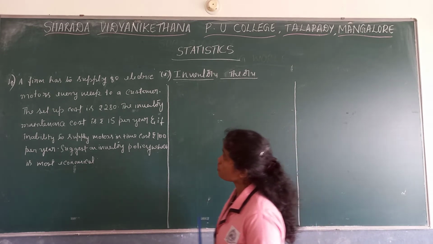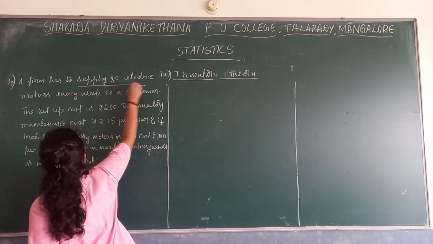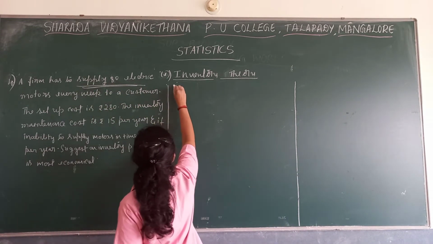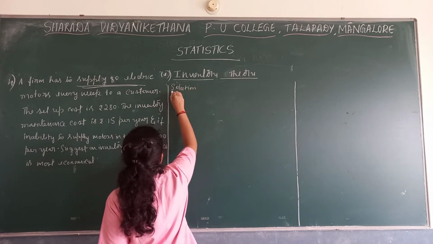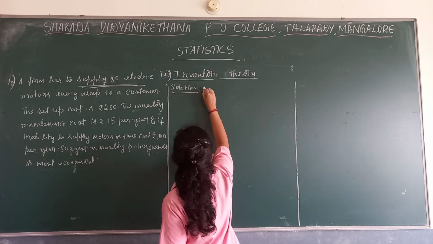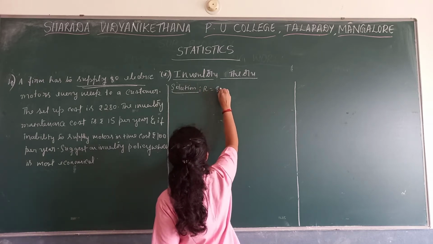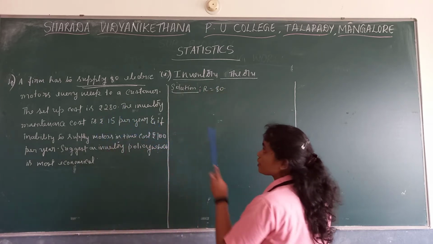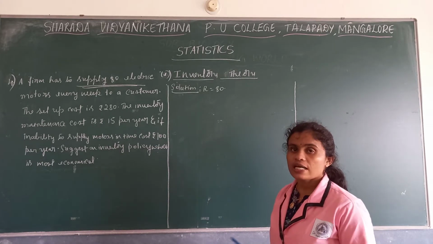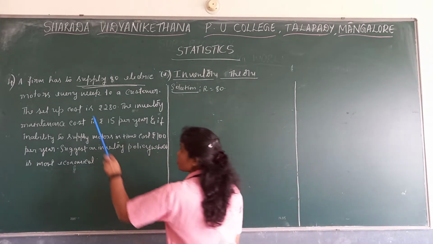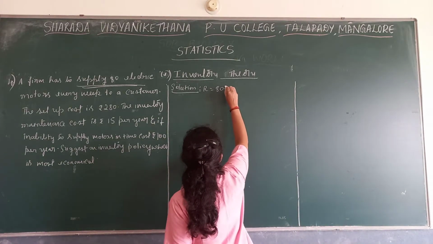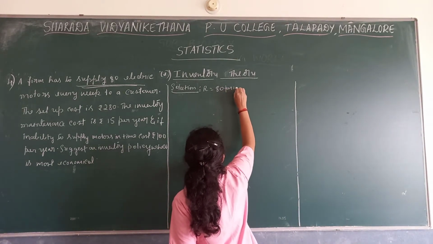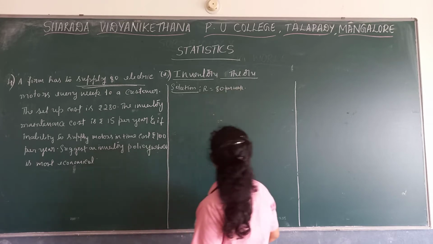Now here the firm has to supply 80 electric motors. This supply is nothing but R. R is equal to 80 electric motors every week. They have not given the information per month or year, they have given per week. We'll write it as it is, then we'll see later.